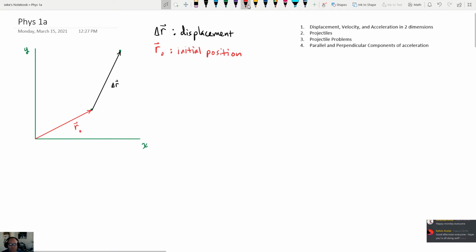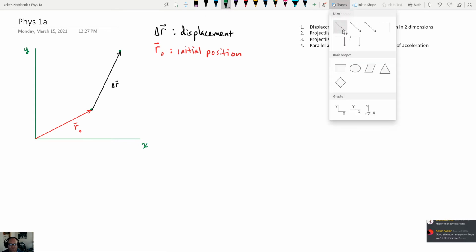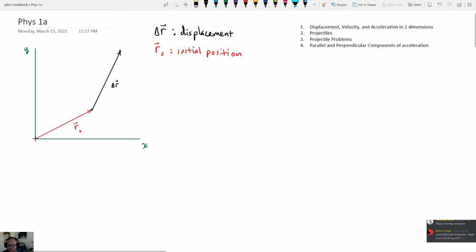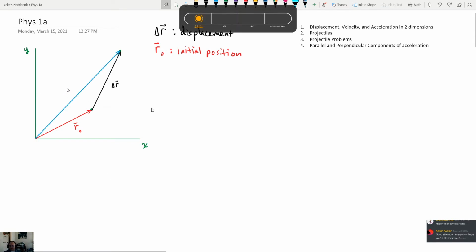Then we can move to a final position. We'll use blue for that. The final position would be from here up to here. That is going to be our final position.